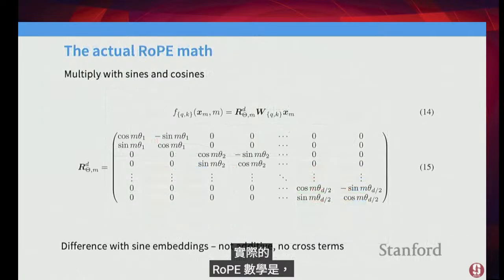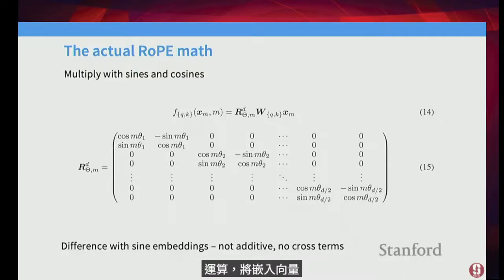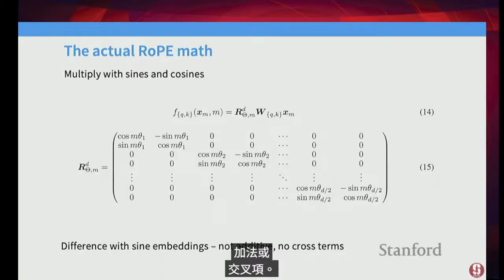And the actual RoPE math here is, if you're going to think about rotations, it's just going to be multiplying with various sine and cosine rotation matrices. Hopefully you remember this from linear algebra and trig. And so you can think about this as an operation where you multiply your embedding vectors with these 2x2 block matrices. And there's no additive or cross terms that appear here.